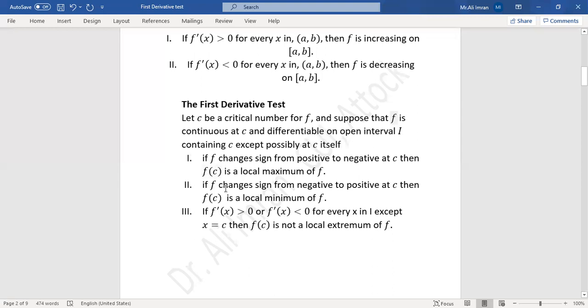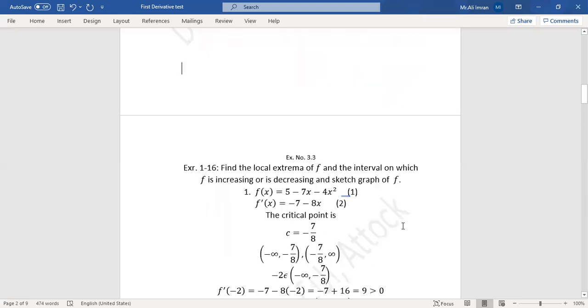On the other side, if the function changes sign from negative to positive, then f(c) is a local minimum of f. If neither of these conditions is true, then we cannot find the local extremum of f. I will further explain this definition with the help of questions.